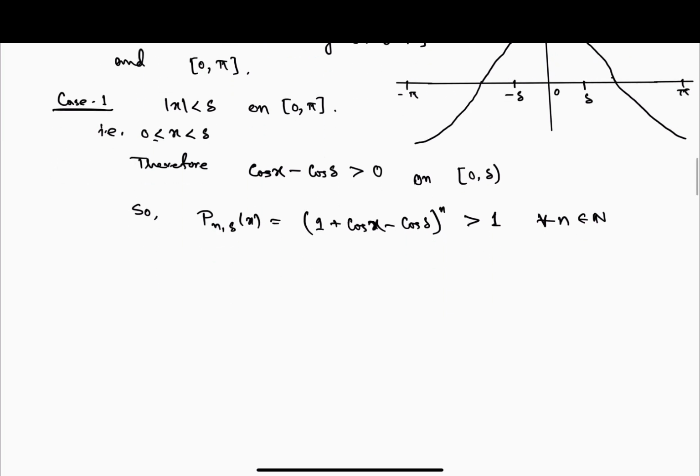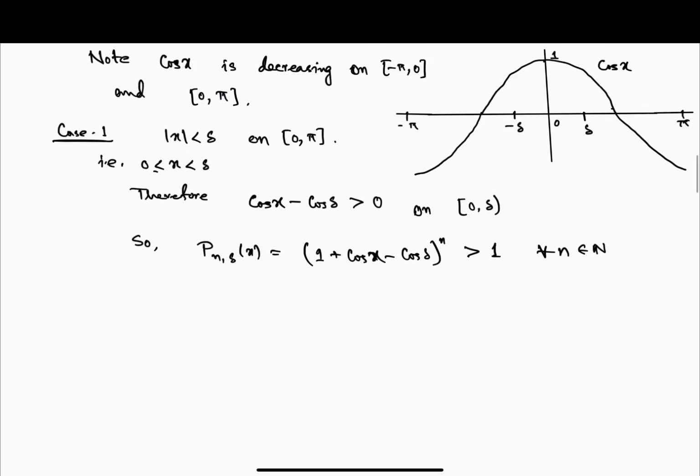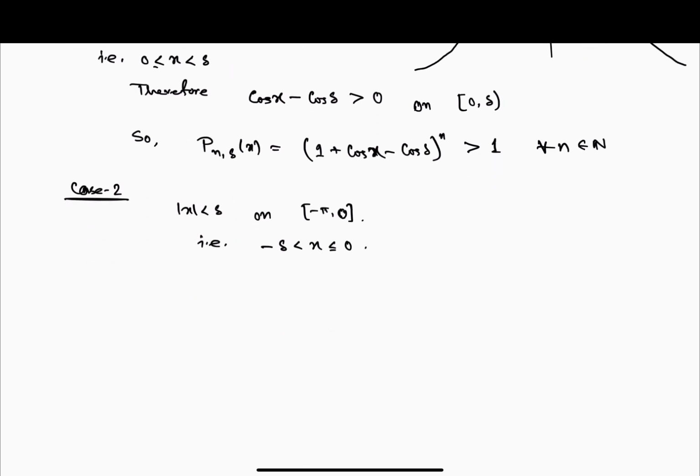Case 2: similarly, when mod x is less than delta, on minus pi to 0, the range is minus delta less than x less than or equal to 0. Again the same thing happens, because cos is an even function.